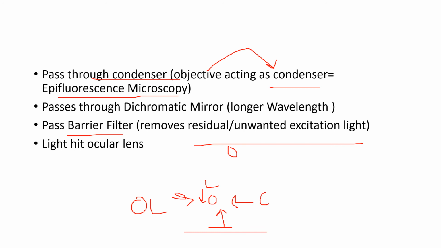So all those microscopes which use objective lens and condenser lenses alternatively are called epifluorescence microscopes. It is not a unique type of microscope, it is just a general term for all the microscopes that are using objective lens and condenser lenses alternatively.